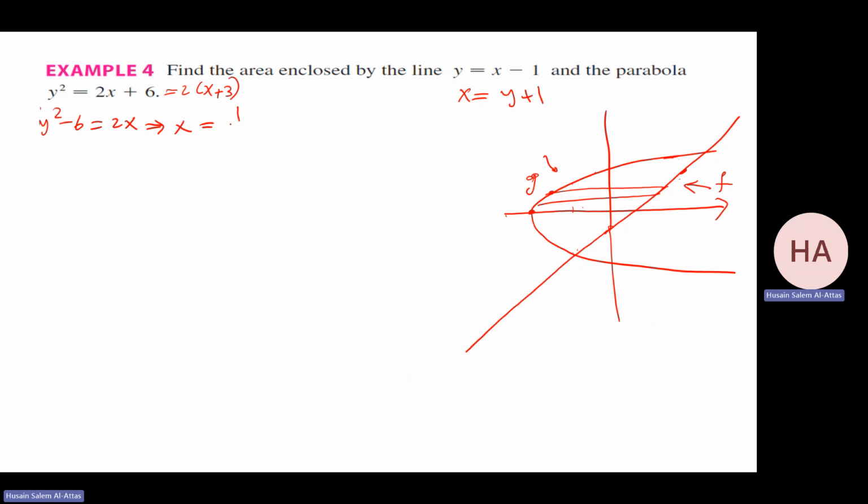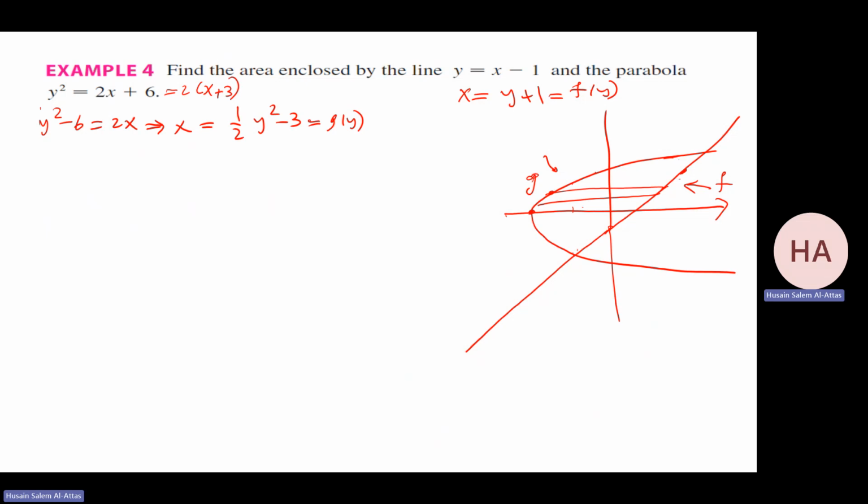So I have x equal half y squared minus 3. This is g, the parabola. So this is f of y, and this is g of y.